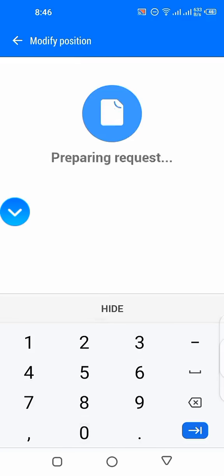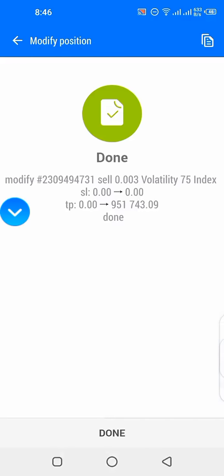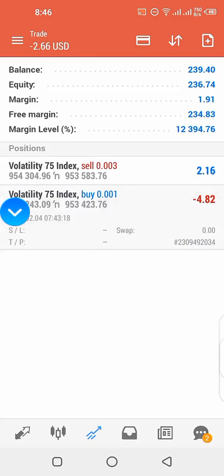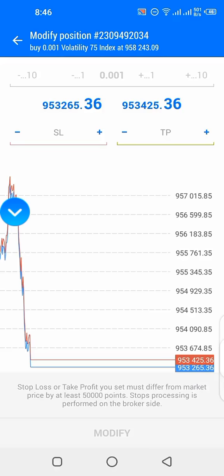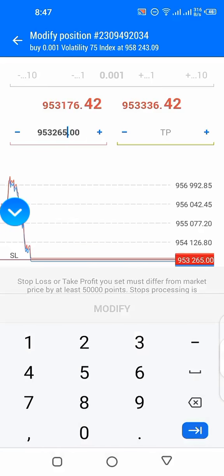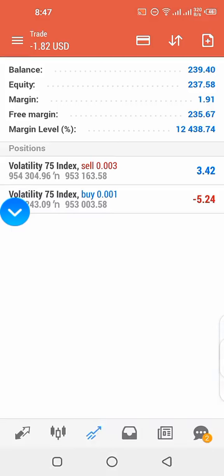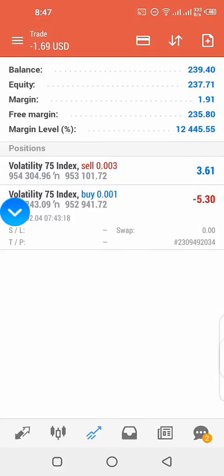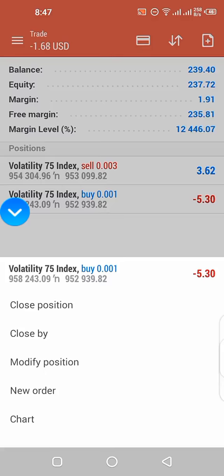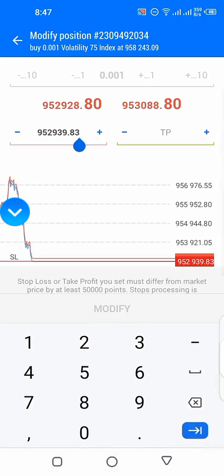The hedge trade has been triggered and it's now running, so I'll need another hedge trade. I have a buy trade running, and then I have the hedge responding to the buy trade, which is a sell stop, turned to a sell trade.